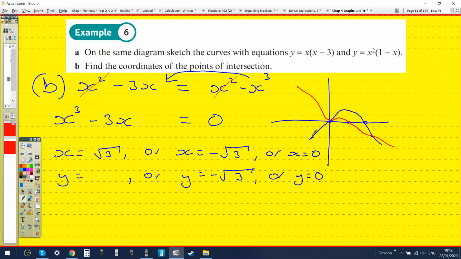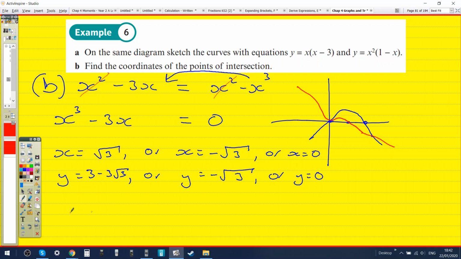And then try subbing in root 3. What do you get? Got 3 minus 3 root 3.